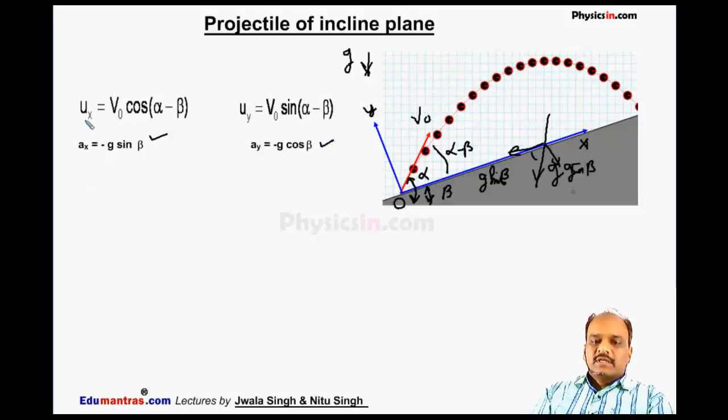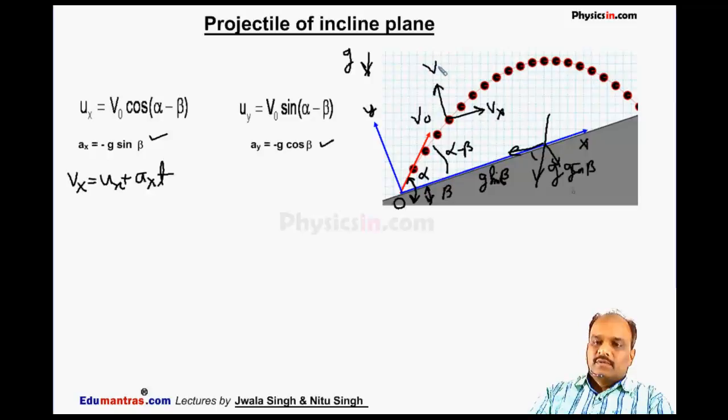Now we can say the acceleration of the particle along the x-axis as well as along the y-axis is constant. So we can write Vx equals Ux plus Ax into t. Vx is the velocity of the particle at any time t. This is Vx, and this is Vy.